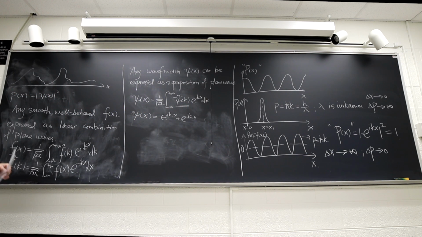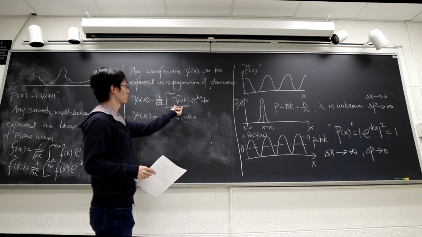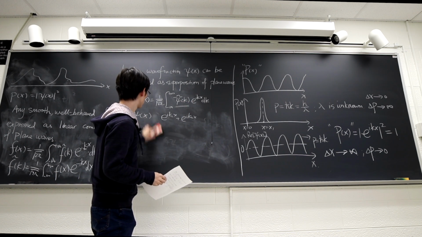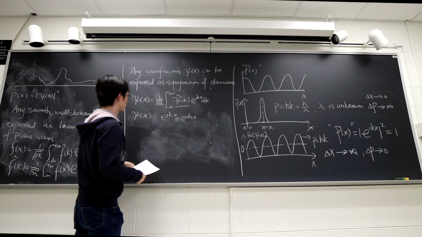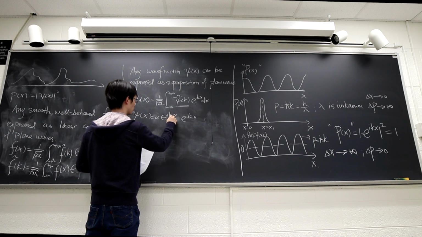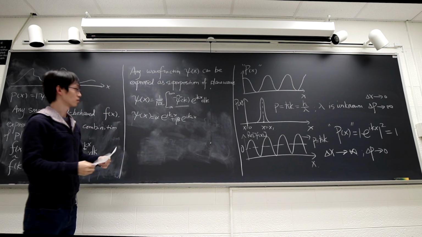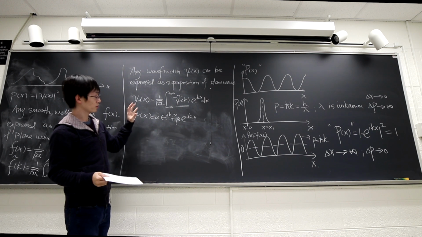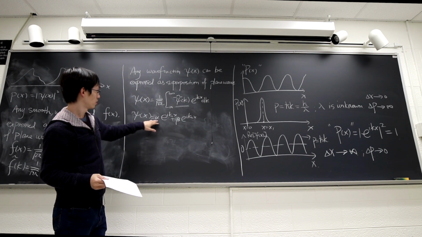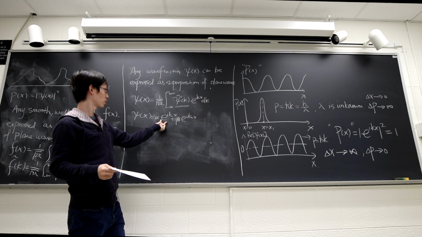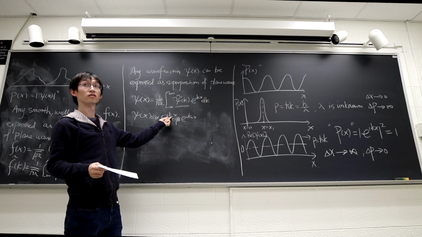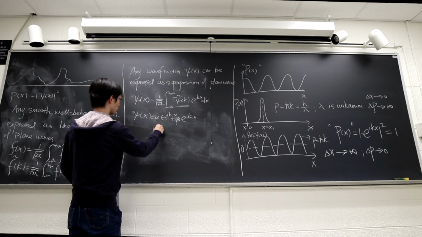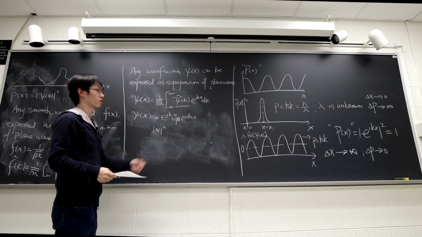So the probability of measuring, let's give coefficients alpha and beta. You can see intuitively that the probability of measuring a momentum of k1 must be proportional to the amplitude of alpha squared.